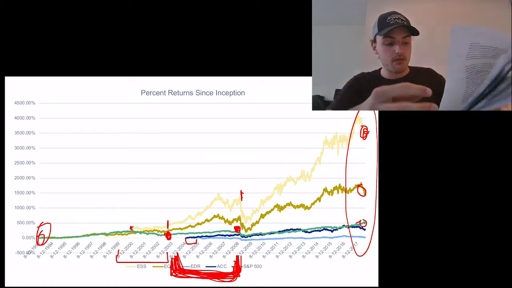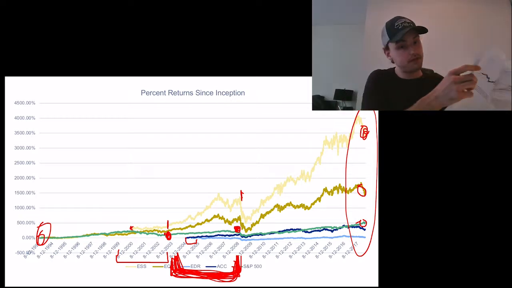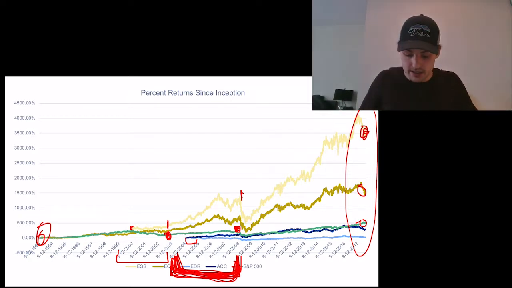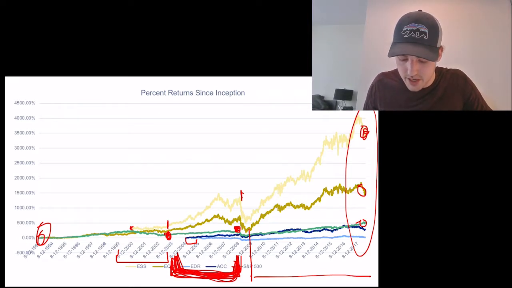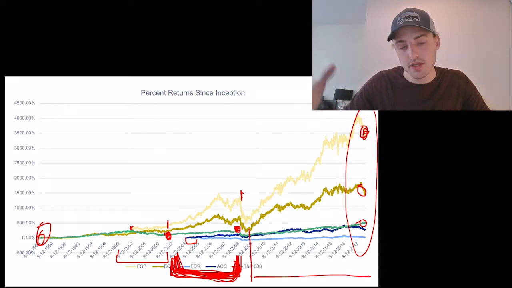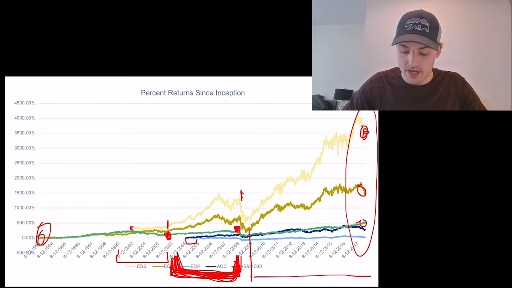This further illustrates the point. From the end of the crash, the very bottom right here, to modern day, the S&P 500 has appreciated by 1,000% or 10 times. Meanwhile, ESS has appreciated by 500%.